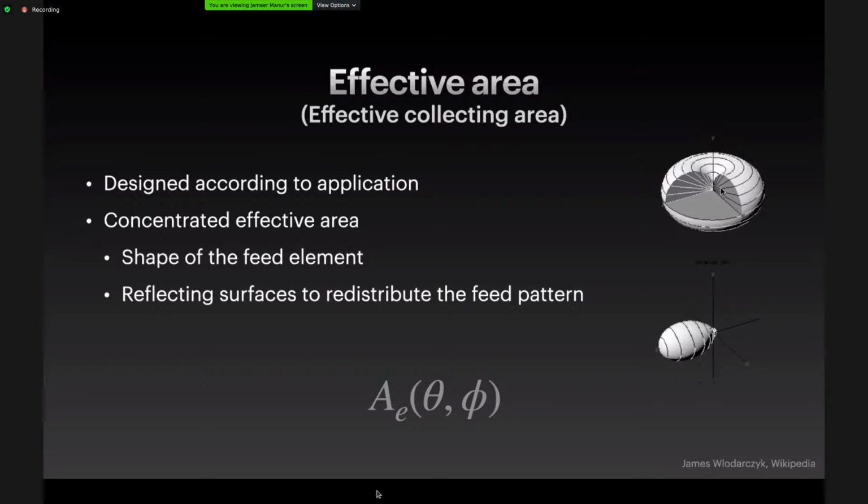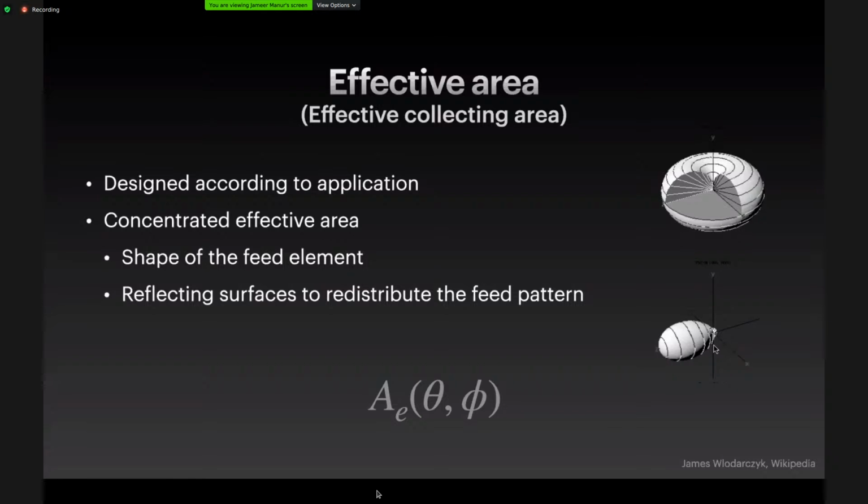So a dipole antenna, which has a distribution proportional to sine square theta for the effective area, as shown in the picture above, could be placed with the appropriate reflecting surfaces or inside a horn, such that the effective area redistributes and has a much narrower distribution, as you can see in the bottom figure.